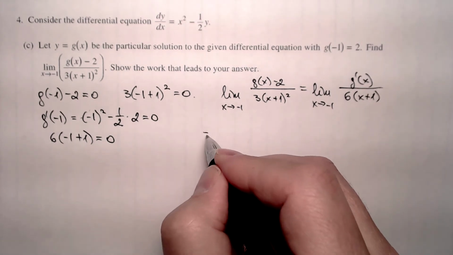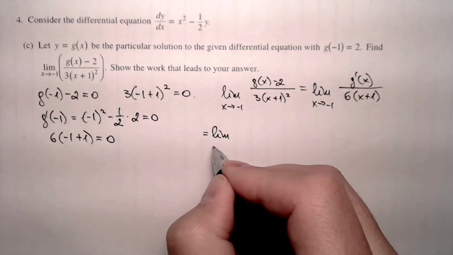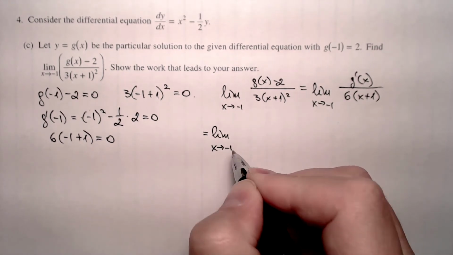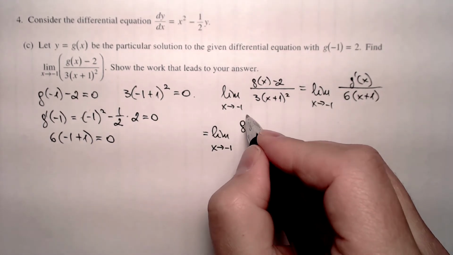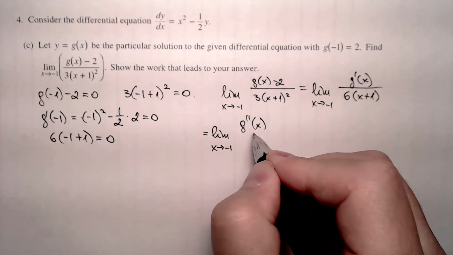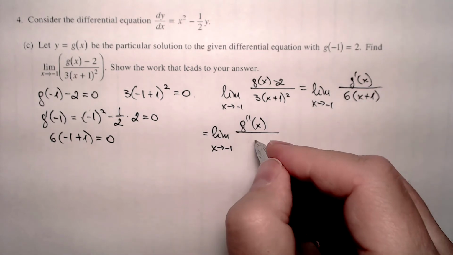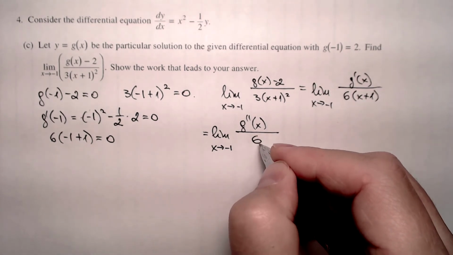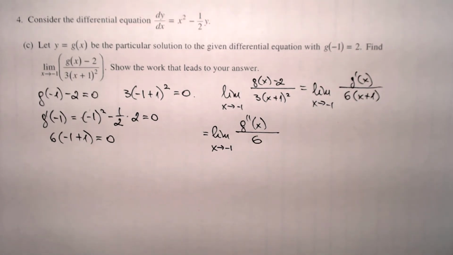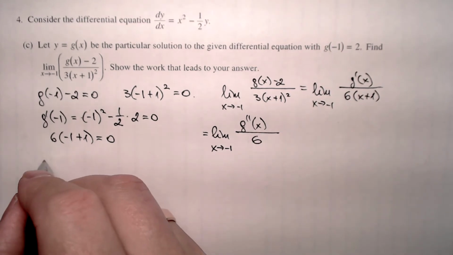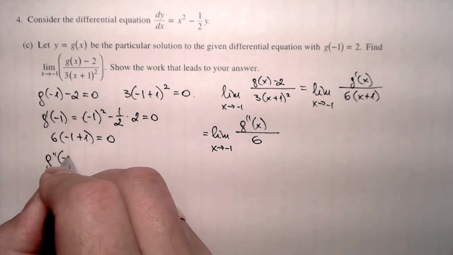So this is equal to limit as x goes to -1 of the second derivative g double prime of x, and the derivative of the denominator is 6. So we already have 6 in the denominator. Let's see what g double prime at -1 is.